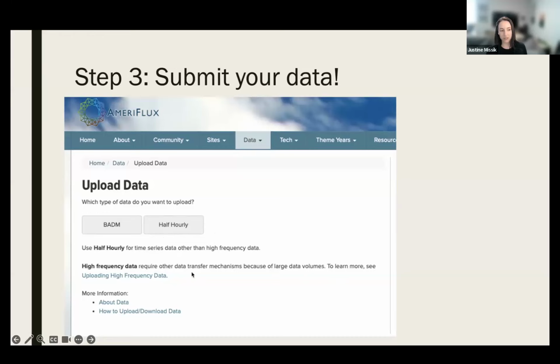So what kinds of sensors you have at the site, the heights of sensors and all of that, which is important to have with your data so that they can be interpreted correctly.